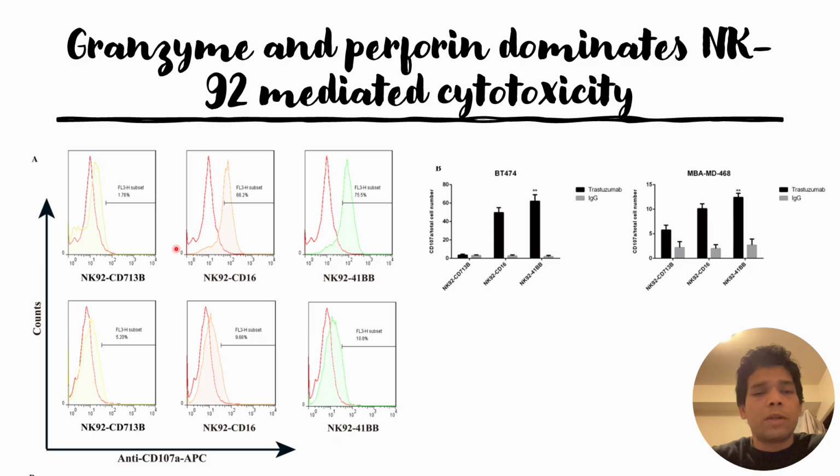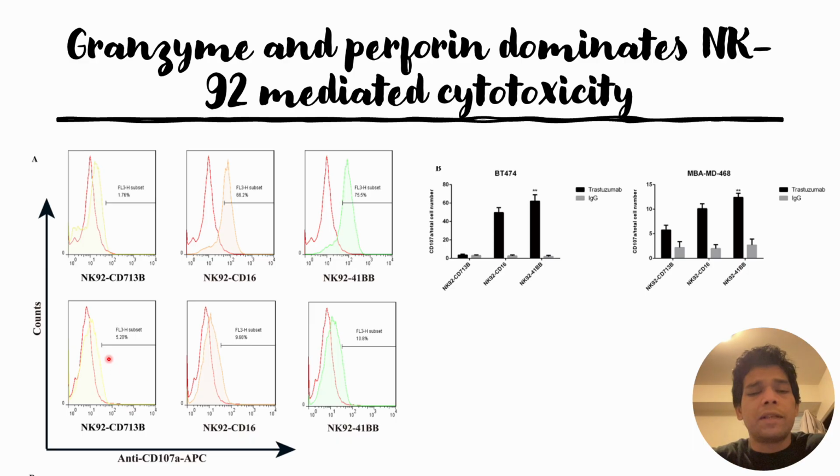In the case of HER2 positive cells, they are able to see an increase in the signals of CD107, and the increase is maximum for the case where they use CD16 CAR NK-92 with intracellular domain 41BB, and that can be seen in the first row of panel A. In the second row of panel A, they have used the HER2 negative cells, that is MBA-MD468.